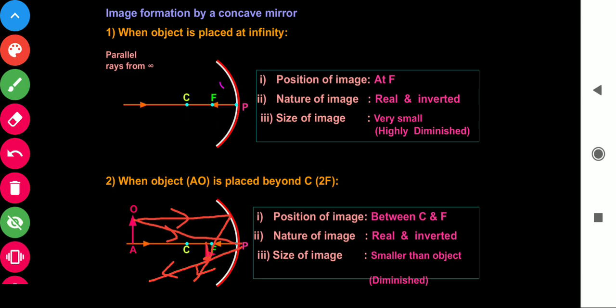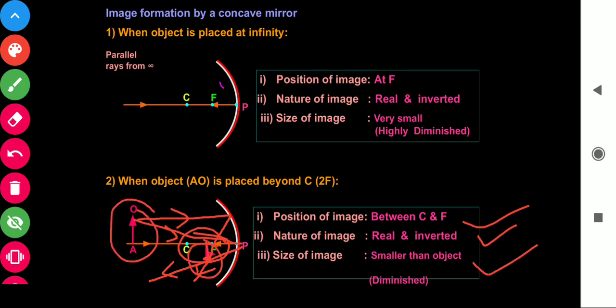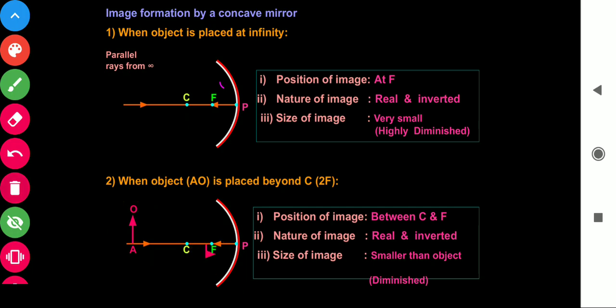And how is the image? Again it is inverted. It means real and inverted. The position is between C and F, and the size is smaller than the object. This is the image when the object is beyond C.